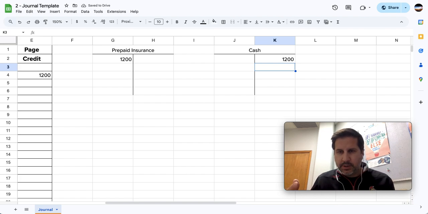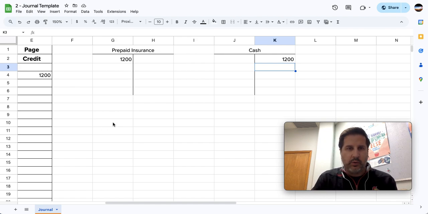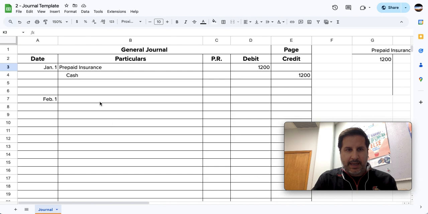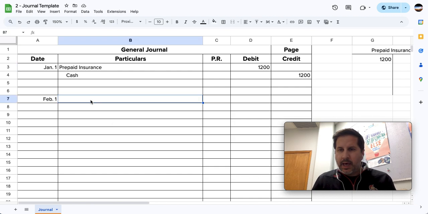Now let's go through each month. So end of the month happens. How much insurance have I used? I've used 1/12 of my insurance. So that now is an expense to the business. And I have to claim it as an expense to the business because that insurance represents the time period that I earned revenue. And so I paid 1/12 of my insurance, and I've used 1/12 of my insurance in the month of January.